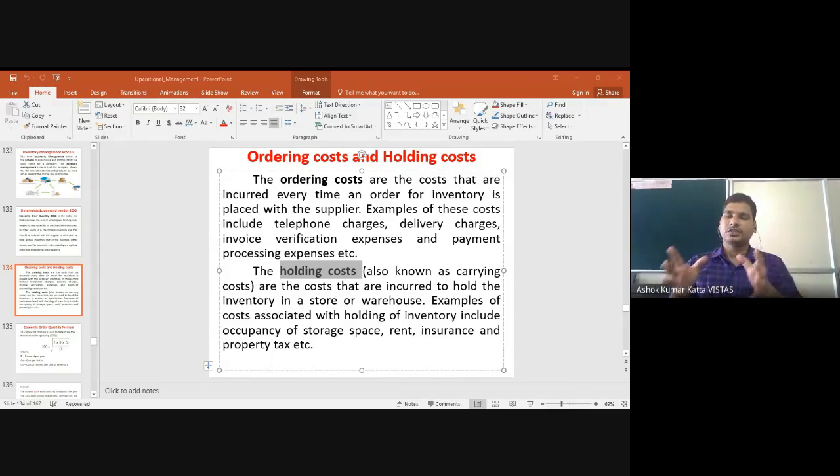Once it has reached Chennai, you need to take the material to your warehouse and keep it there. Again, you need lighting, security, space management, and if the warehouse is rented, you need to pay rent.